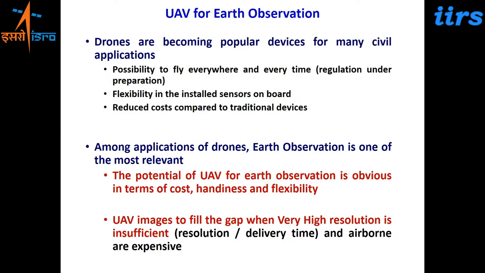Suppose there is a disaster in a certain area, an earthquake has struck, floods are there, and you do not have a satellite pass on that day. How do I collect the data for any rescue or mitigation operations? How do I do mitigation measures? What do I do? So drones can be effective in those conditions, where you can immediately plan and fly a drone and collect the data. So it comes in handy then.